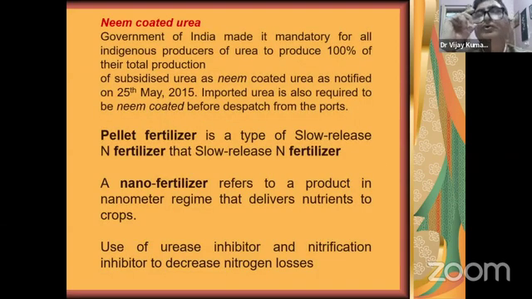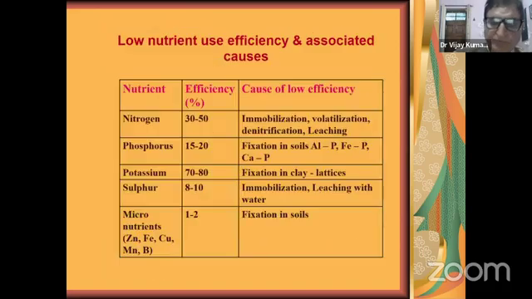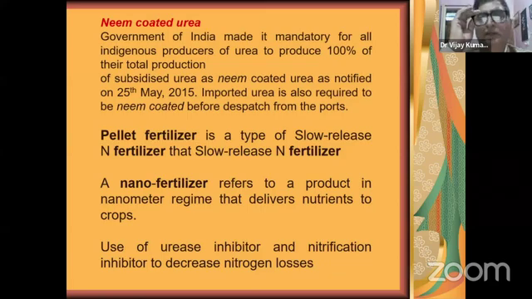First is neem coated urea. As I said before, a lot of nitrogen from urea was degraded or not being used due to denitrification, or it may leach down. So there was a proposal to make a slow release fertilizer, particularly for the rice crop and long duration crops.